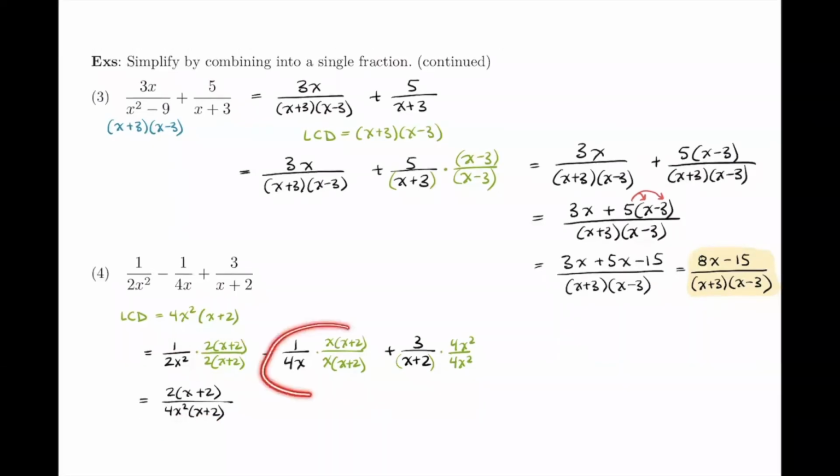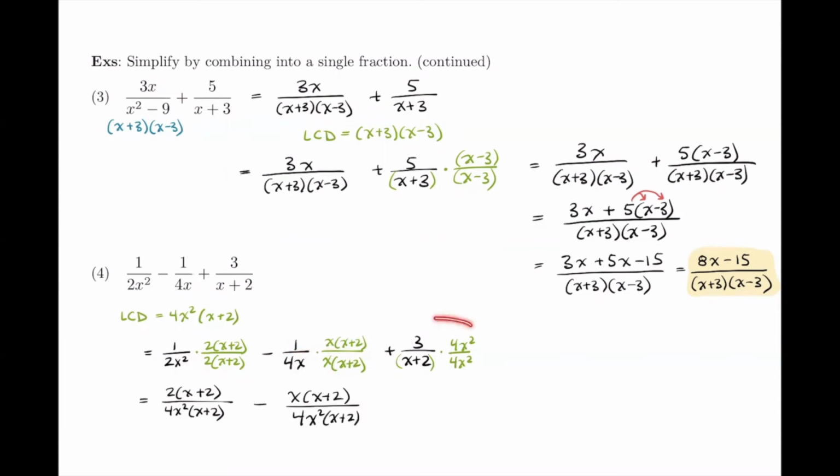In the second part here, if we combine these fractions together, we will multiply across the numerators. That will give us 1 times x plus 2. And then we will also multiply across the denominators, which will give us 4x times x plus 2. 4x times x gives us 4x squared, and then we have times x plus 2, which is our LCD, which means we did a good job.